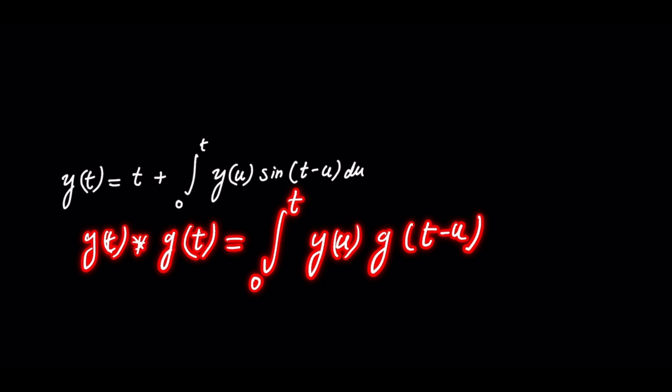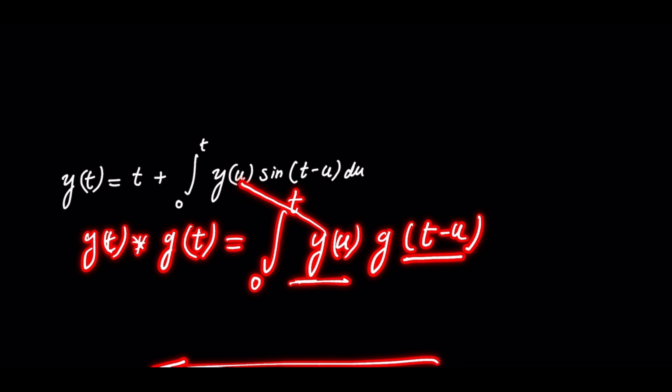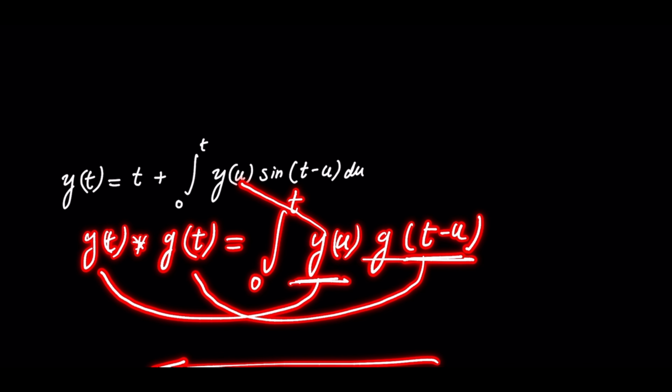Here, if you compare it, the y of u is written the way it is, and sine of t minus u is written as g of t minus u. So if we are going in reverse, we'll be replacing y of u with y of t and g of t minus u with g of t, placing this asterisk symbol. Let's do that.